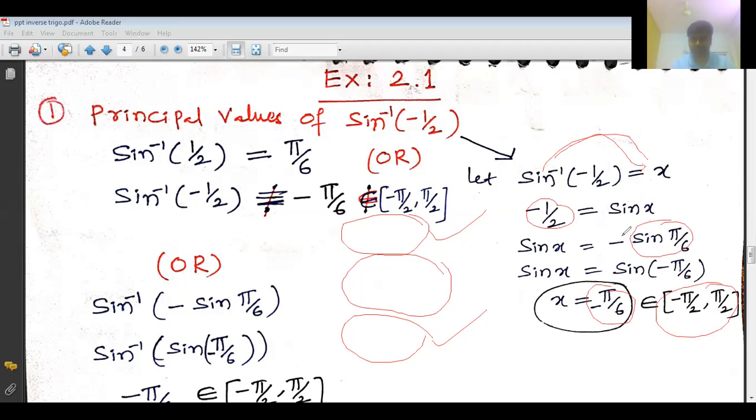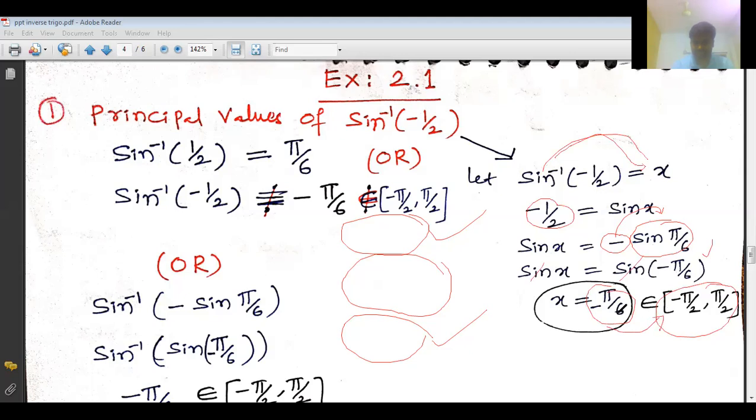First of all, we have to change this minus. Can I take this minus inside? Because minus sine x can be written as sine of minus x, since sine of minus x is minus sine x, we know. So now sine gets cancelled, x equals minus pi by 6. So x equals minus pi by 6, correct or not?